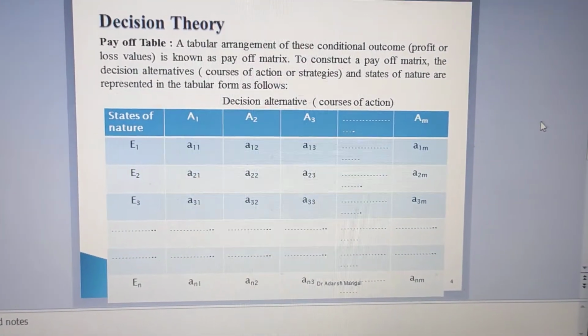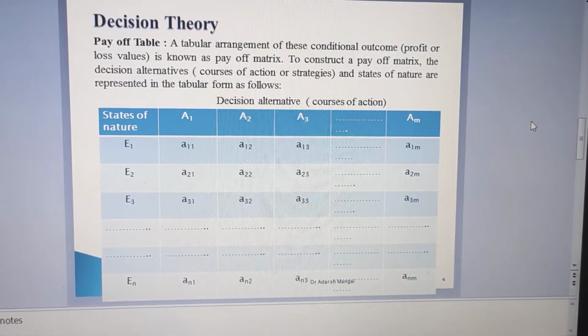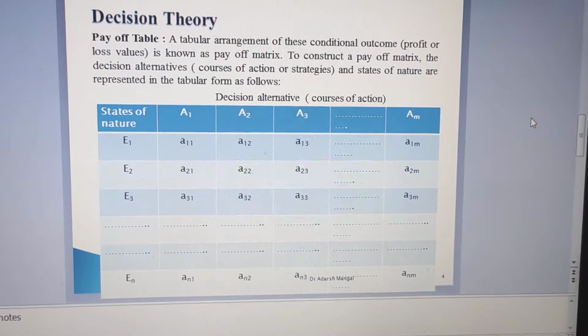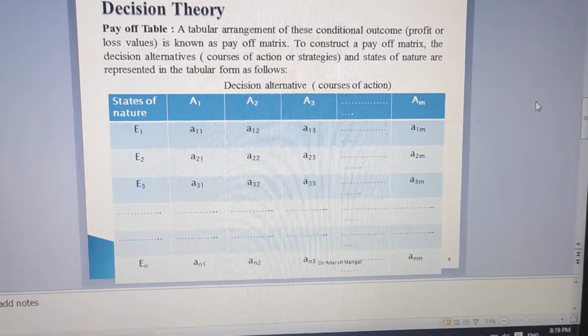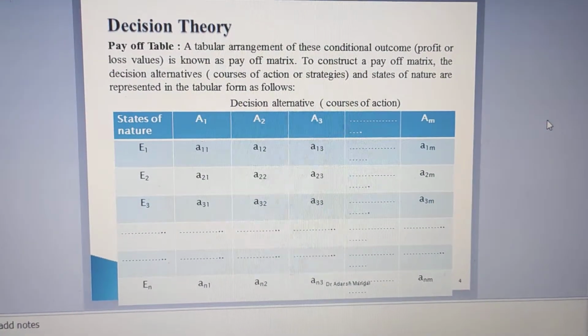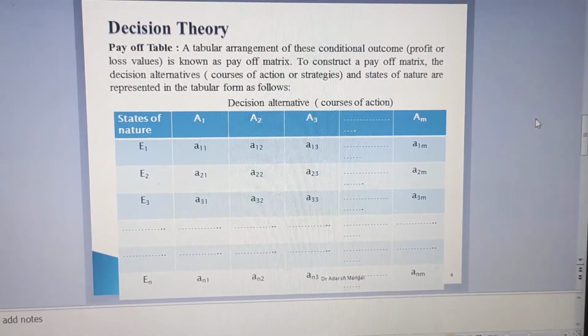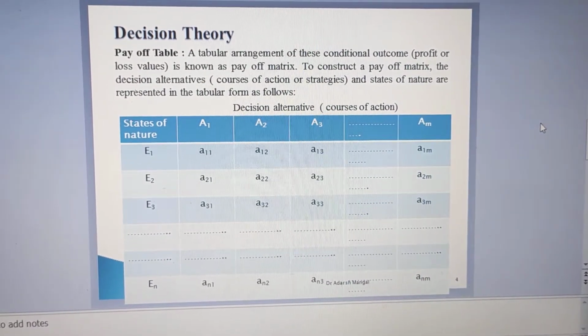Now, payoff table. A tabular arrangement of these conditional outcomes, either profit or loss values, is known as a payoff matrix. To construct a payoff matrix, the decision alternatives and states of nature are represented in tabular form as below. States of nature, first row E1, E2 up to En.